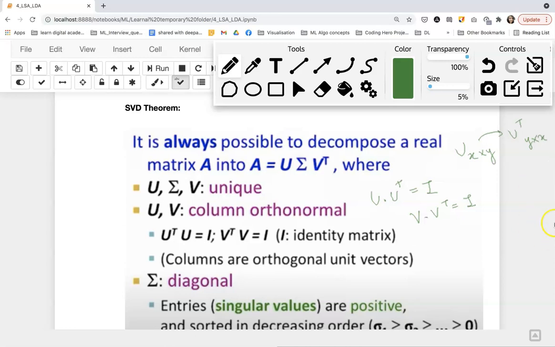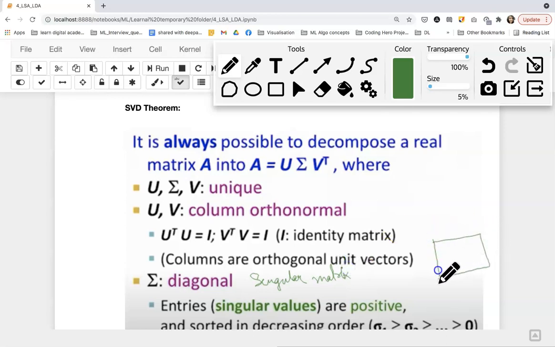Now the sigma matrix over here is known as the singular values matrix. This is a diagonal matrix. What do I mean by diagonal? It has the same number of rows and columns, x cross x, and the values on the diagonal will be non-zero and all other values will be 0.